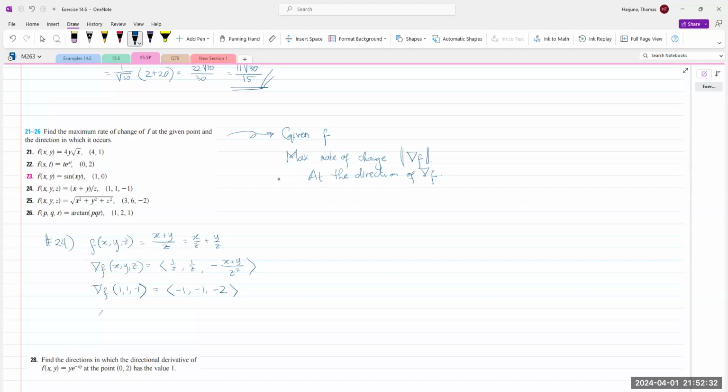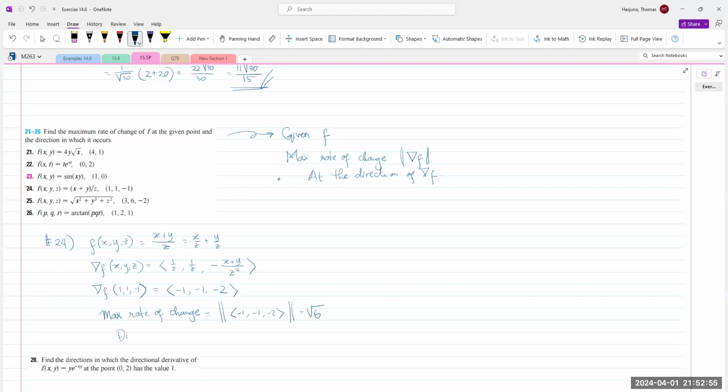Okay, so the maximum rate of change is equal to the magnitude of that vector, which is square root of 6.